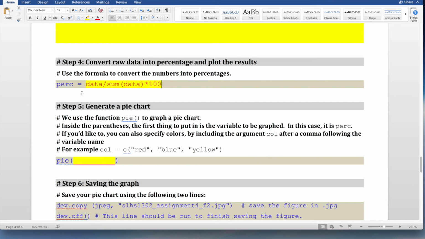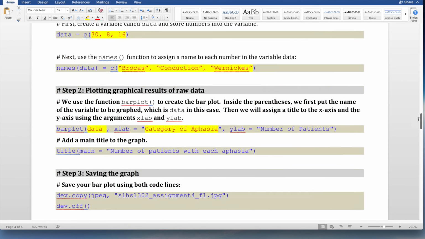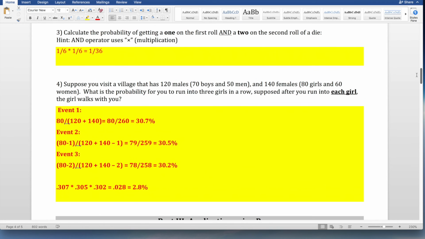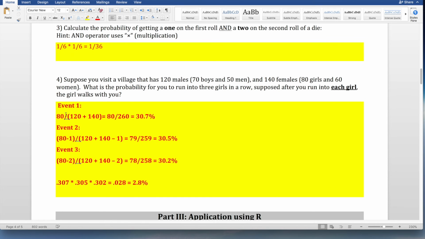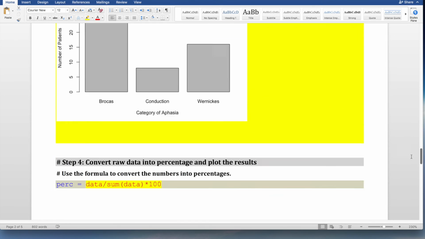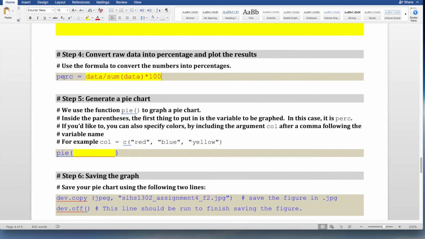What this is doing is taking each individual value, dividing it by the sum of all of those values, and then multiplying it by 100 to convert the number into a percentage. It is something like what we were doing up here with question 4, where we were converting values into percentages. All right, so you'll want the code line to be percent equals data over sum of data times 100.